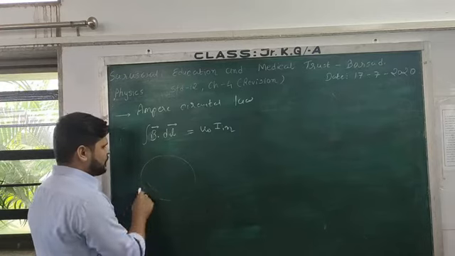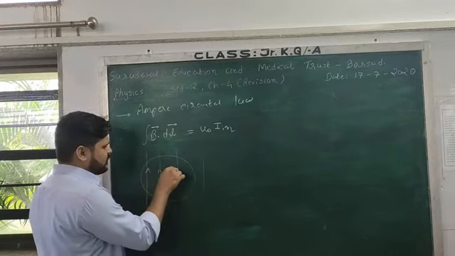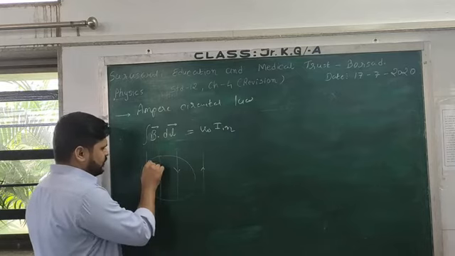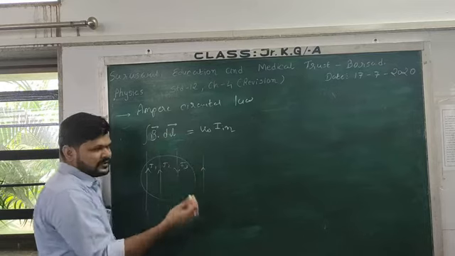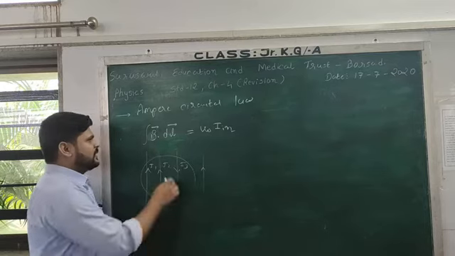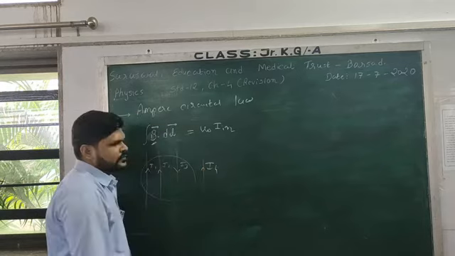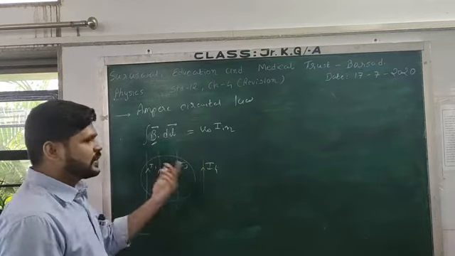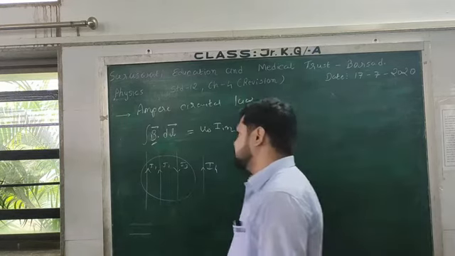Suppose this is a loop and there are 4 currents, 3 inside and the 4th outside. Then in I in there will be only 3 currents, I1, I2 and I3, but the magnetic field is due to all 4 currents. This is Ampere circuital law, equivalent to Gauss law in chapter number 1.